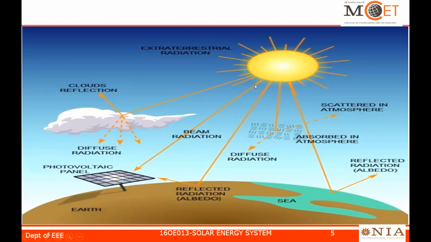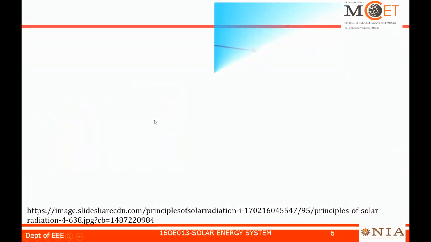This radiation comes from the sun directly and falls on the solar panel or the earth's surface. Diffuse radiation, also called indirect radiation, is the radiation falling on the solar panel indirectly from the clouds or from the atmosphere.